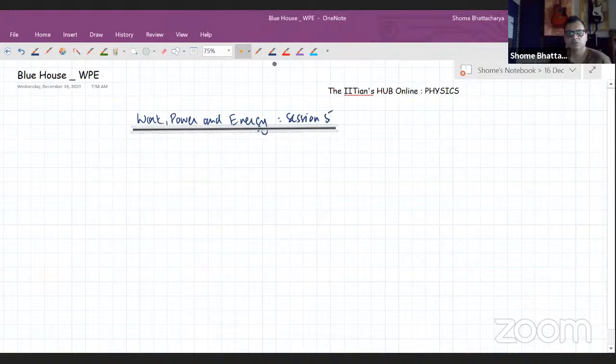Okay, so quick review of the aspects of work, power, energy that we have learned till now. For example, we started with the definition of work done by a force.